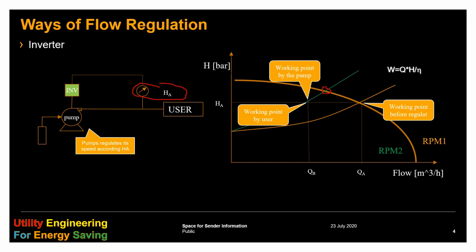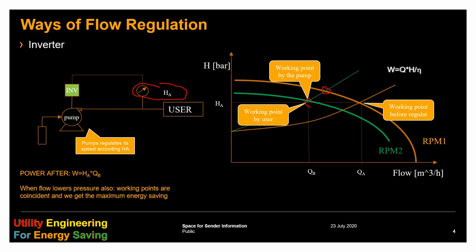But because of the control, the drive reduces the speed of the pump, it means the pump is also changing its characteristic, and the new operation point is displayed here. So the working point of the user and the working point of the pump are the same, and there is no loss. Actually, there is a minimum loss due to the efficiency change of the pump and the consumption of the drive, but this is, in most of the cases, negligible.